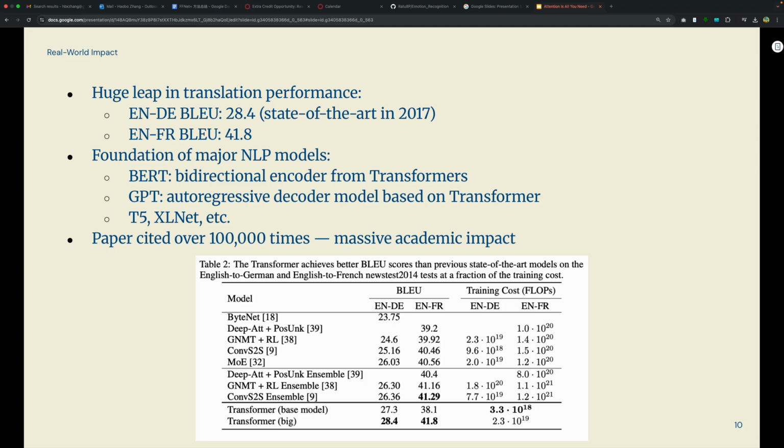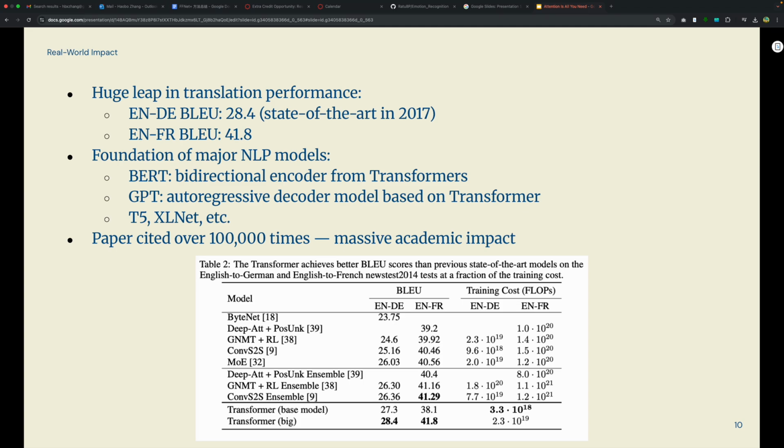As you can see in the screenshot, the transformer scored 28.4 and 41.8 in translation from, I believe, English to German and English to French, which outperformed all other older models, and the training cost was also significantly lower than other models.